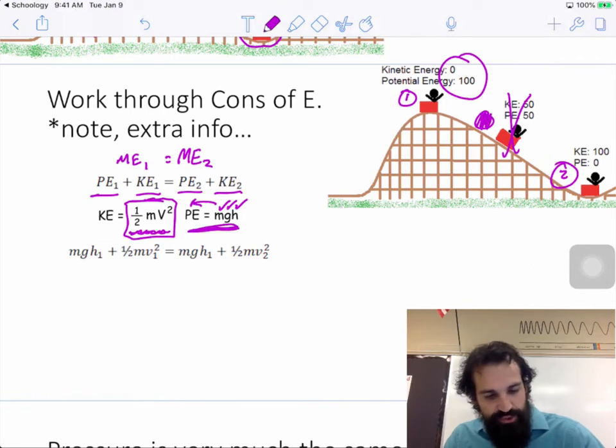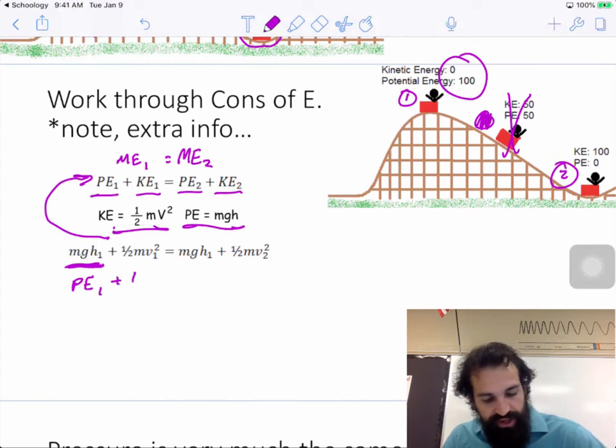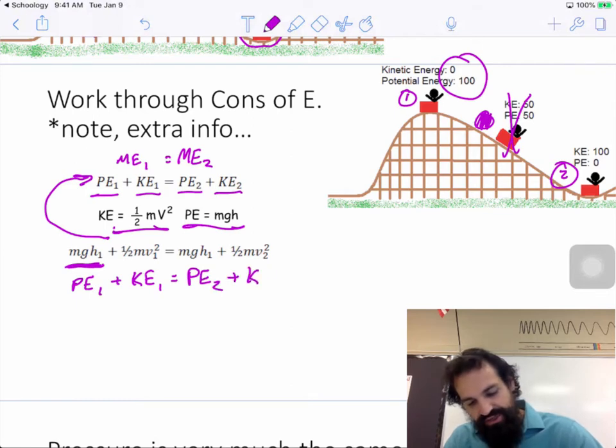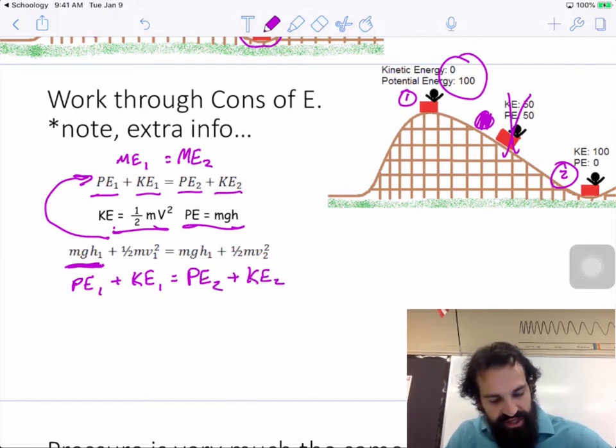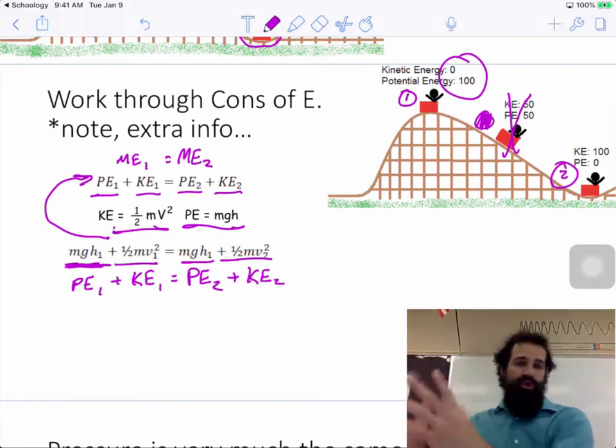So taking these two equations and plugging them into this step would tell me, well, mass times gravity times height 1, the potential energy at 1, plus 1/2 mv1 squared, or kinetic energy at 1, equals potential energy at 2 plus kinetic energy at 2. mgh plus 1/2 mv squared equals mgh plus 1/2 mv squared. Total energy 1 equals total energy 2.